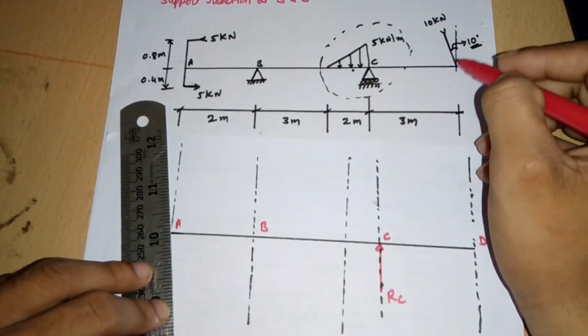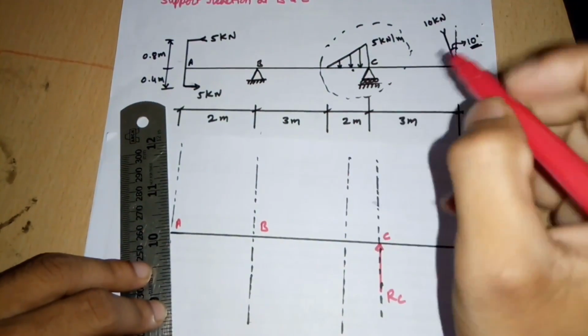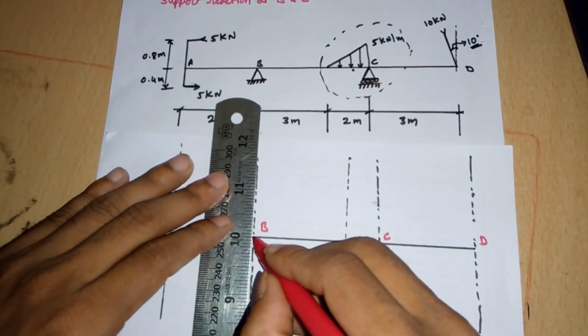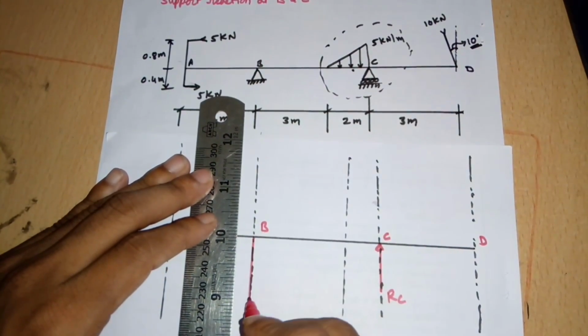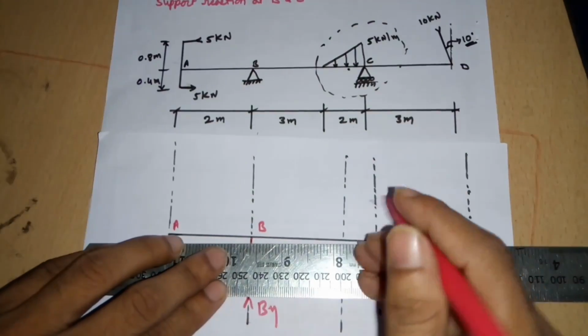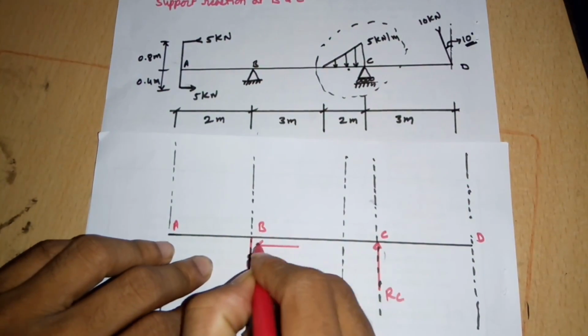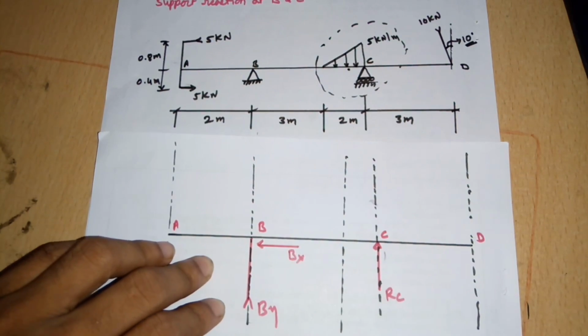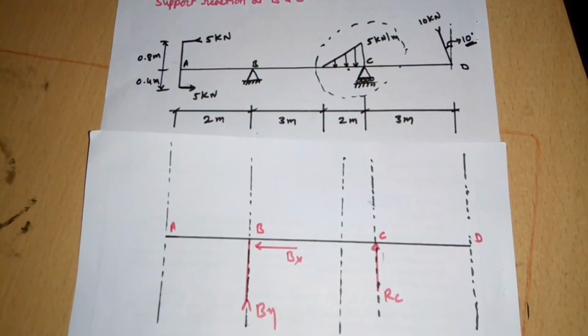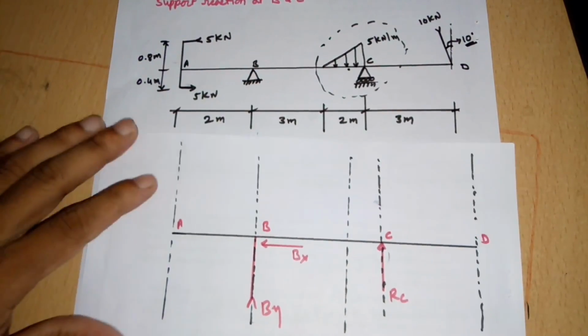To resist that horizontal component there must exist one horizontal reaction. So let us say it as By, and I am assuming the reaction in this direction, it is Bx.